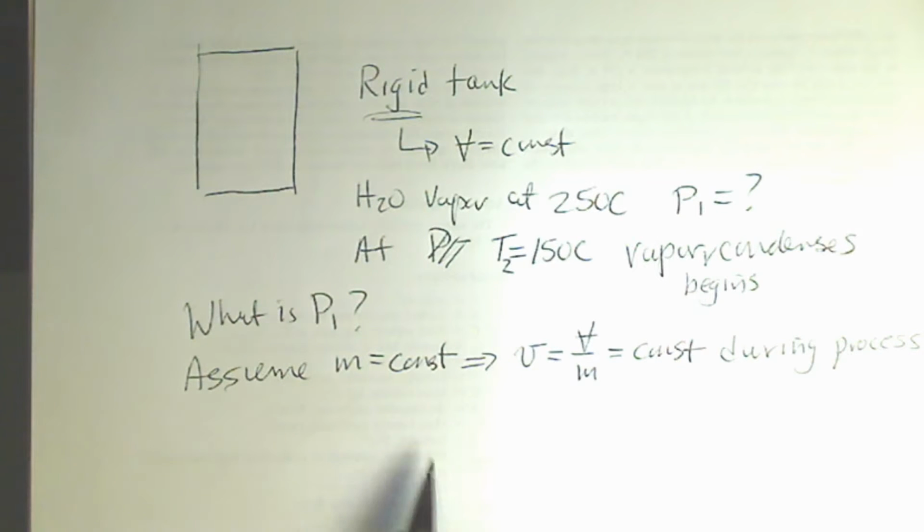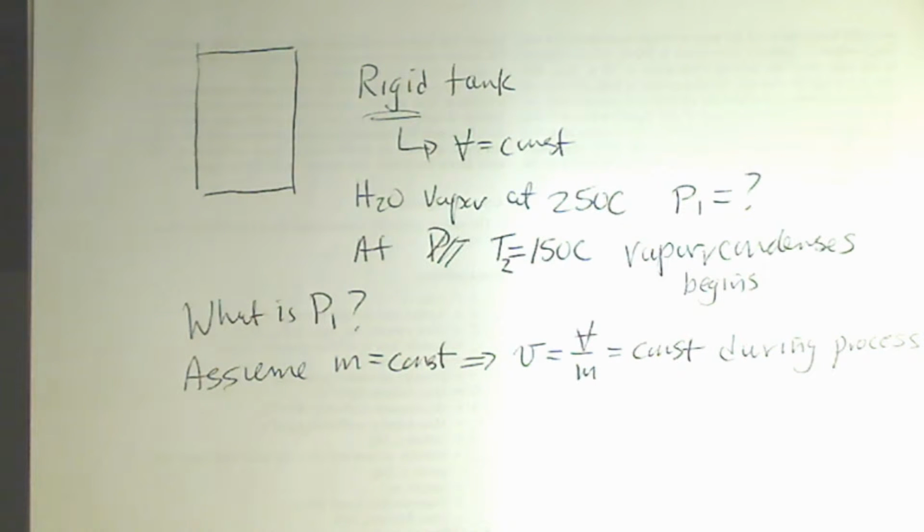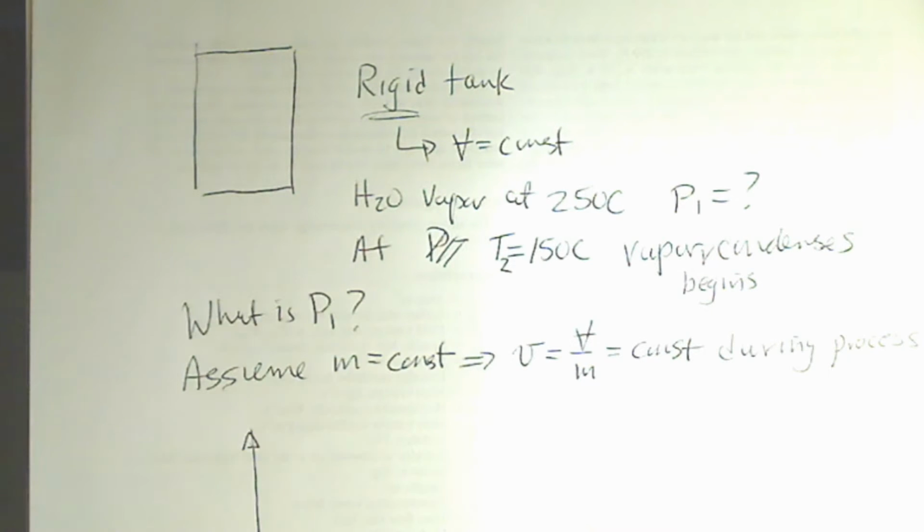If we look at this process on any temperature-volume or pressure-volume diagram, it's just going to be a vertical line. It can only go up and down. Let's put this in an abstract configuration with temperature and volume.